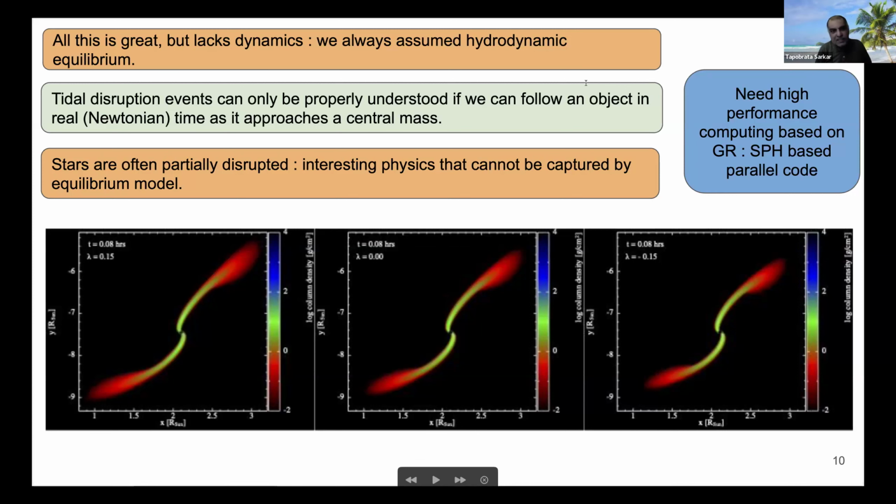But this problem is at the heart of everything: you have a gravitational field produced by a black hole, and a gravitational field produced by the fluid in the star. How do you manage the two together if you are not really solving Einstein's equations?